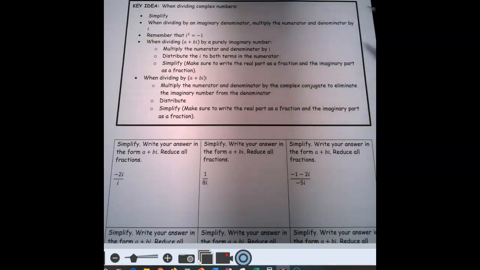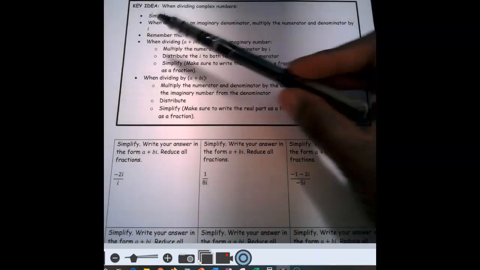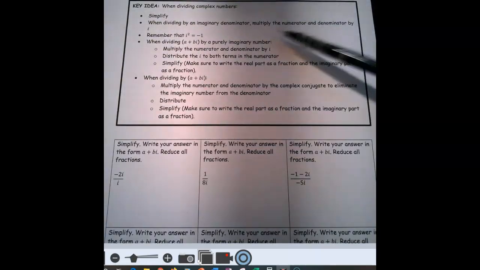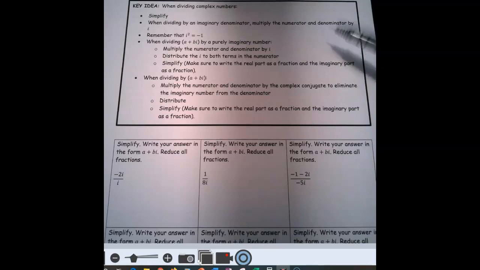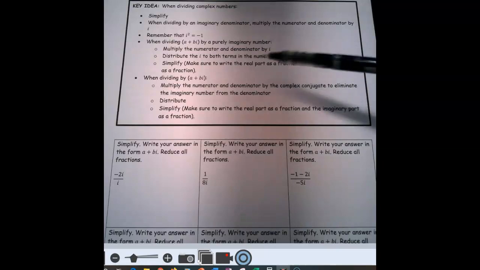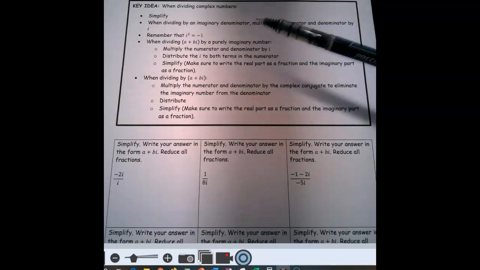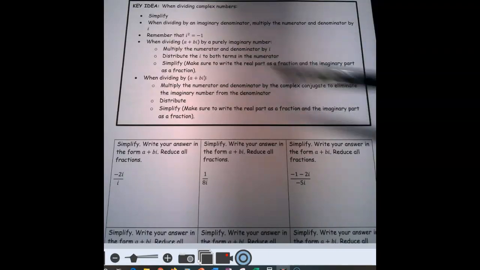When that happens, and it's a single i, you're going to multiply the numerator and denominator by i. You'll see what I mean when we get there. Again, remember that i squared is -1. And then you're going to be seeing problems where we're dividing a purely imaginary number by a plus bi.